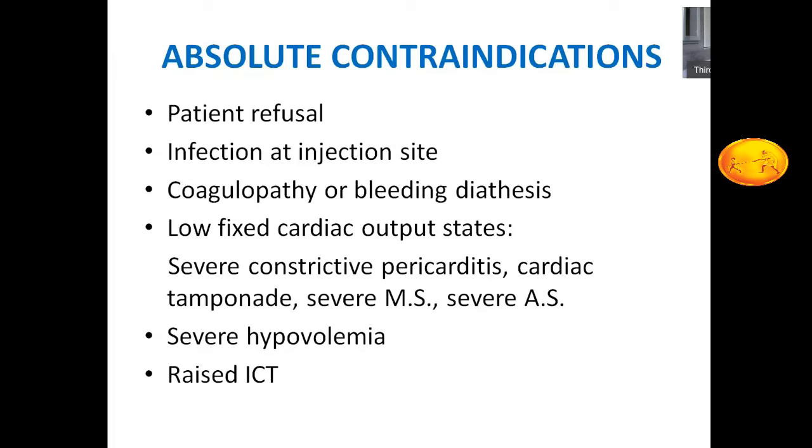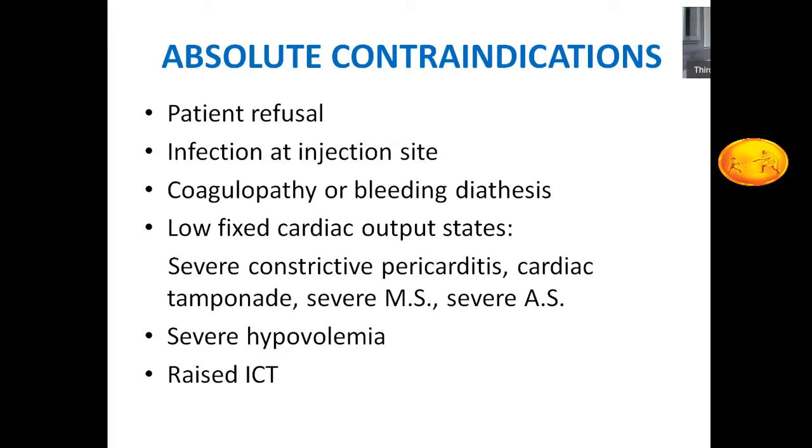After this hematoma, it may have a compression effect and there may be permanent neurological damage to the patient, causing cauda equina syndrome or hematoma-related neuropathy. So this is a very dangerous complication of spinal anesthesia. So coagulopathy and bleeding diathesis is an absolute contraindication for giving spinal anesthesia.